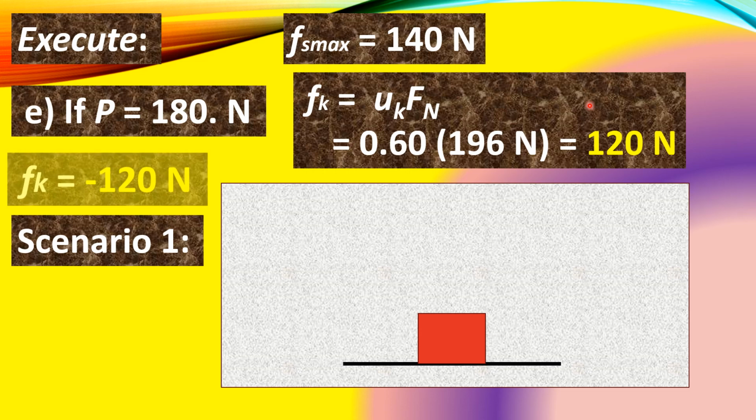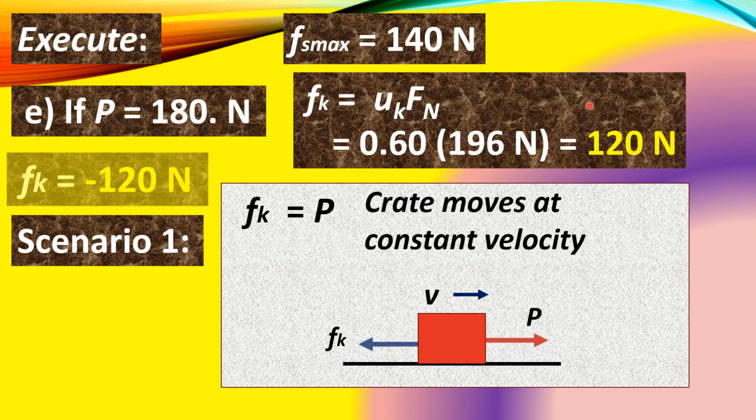We say that in such a situation where the applied force is just equal to the kinetic friction, the crate will still be in equilibrium, but it's now considered dynamic equilibrium because it is in motion.